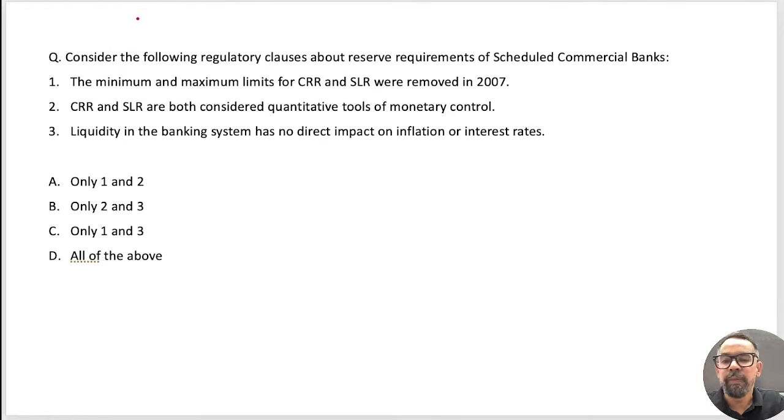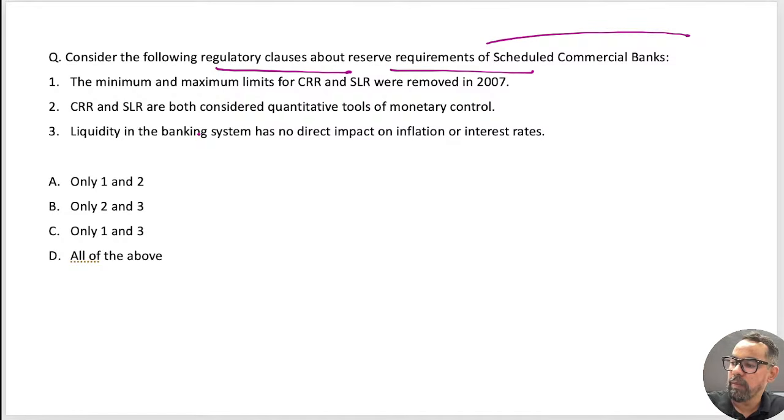Very good. Next one. Consider the following regulatory clauses about the reserve requirement of scheduled commercial banks. Reserve requirement for scheduled commercial banks. So the minimum and maximum limit for CRR and SLR was removed in 2017, right?